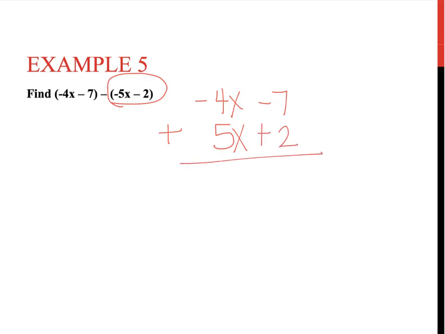So now, negative 4x plus 5x, I subtract because my signs are opposite. 5 minus 4 is 1x, and it's positive because the 5 is bigger. Negative 7 plus 2, my signs are opposite, so I subtract. 7 minus 2 is 5, and I use the sign in front of the bigger number. So that's all you have to do.